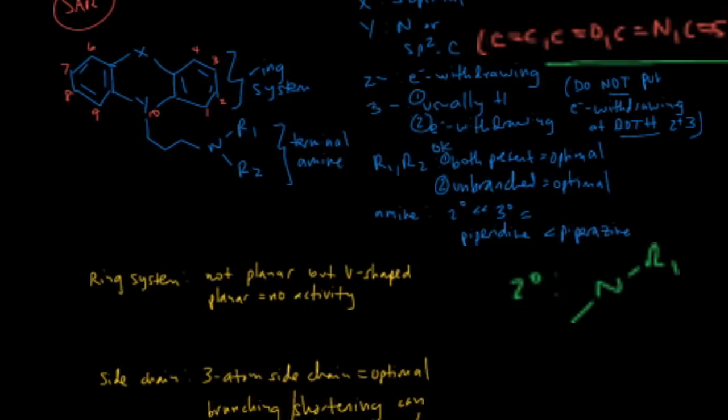Tertiary amines. This is a tertiary amine because it has 1, 2, 3 attachments. That's tertiary. Secondary only has 2 attachments. 1, 2.